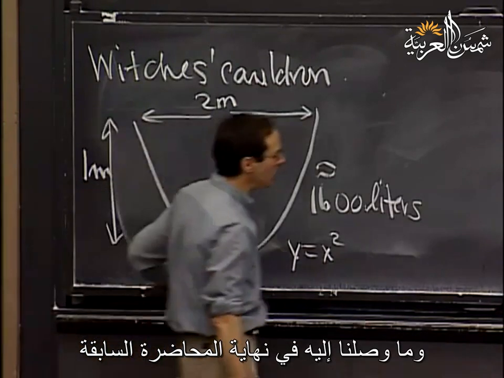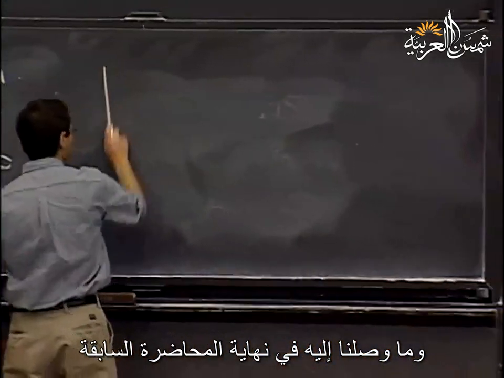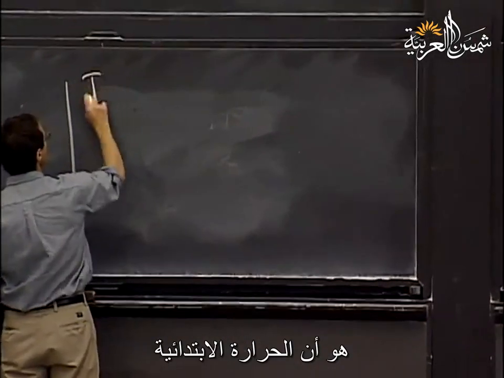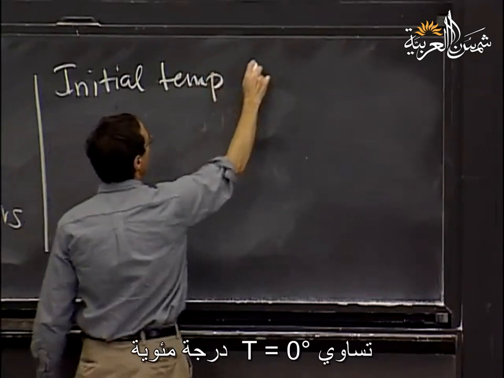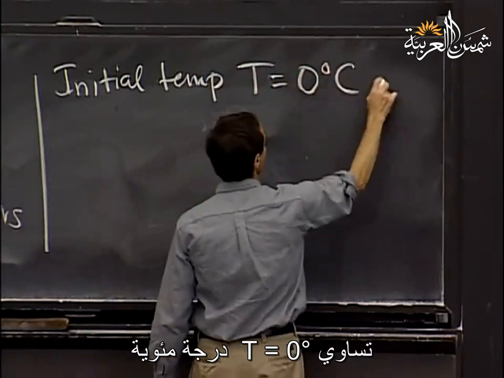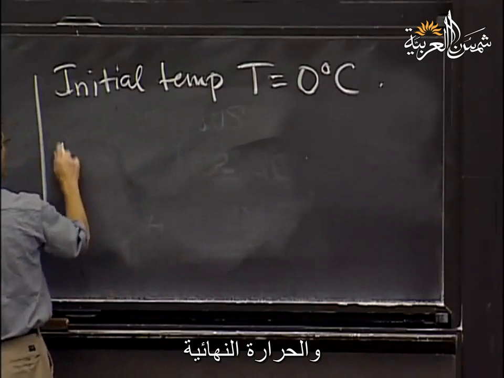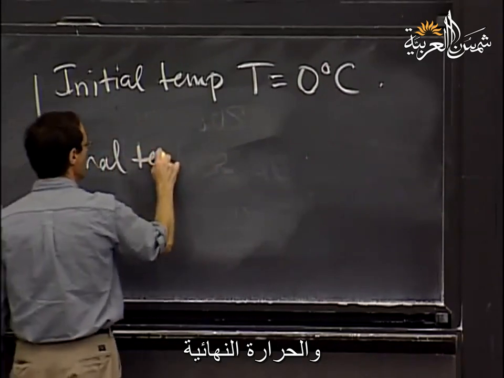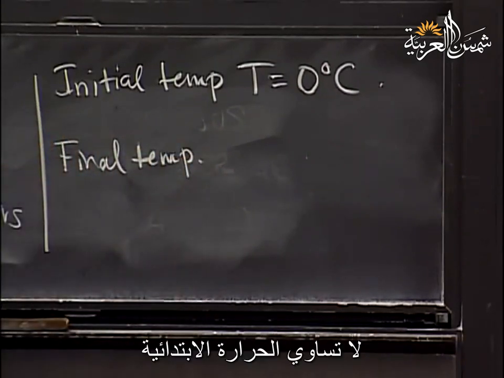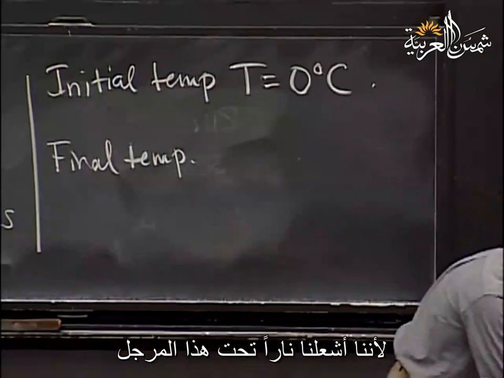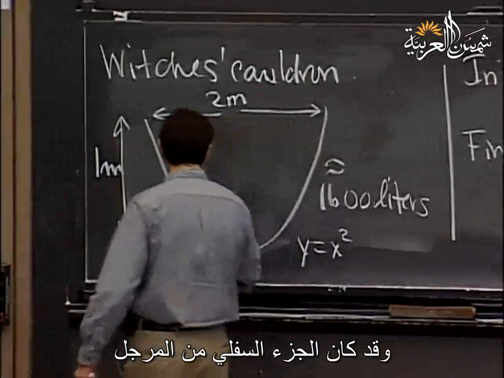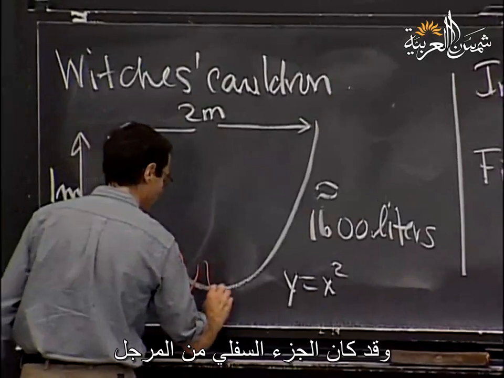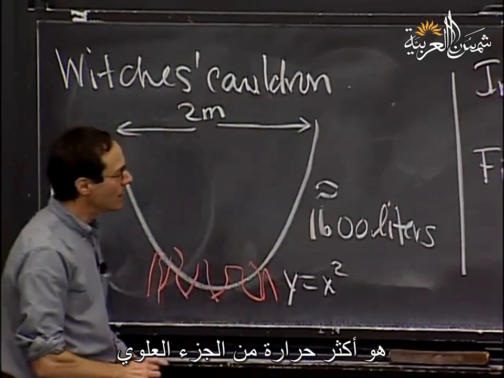The situation that I described at the end of last time was that the initial temperature was T equal to 0 degrees Celsius, and the final temperature, instead of being constant, we were heating this up from the bottom, and it was hotter on the bottom than on the top.